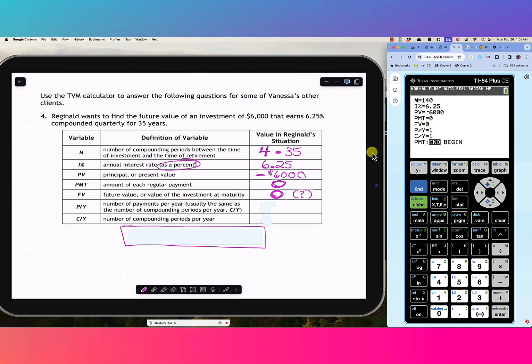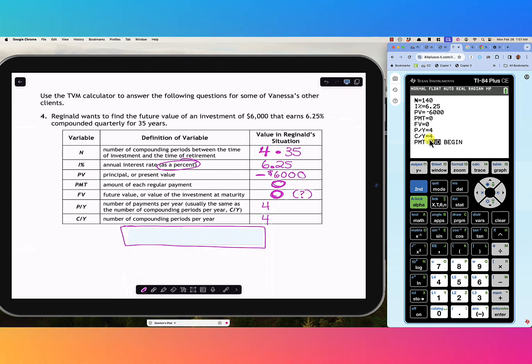Now let's go to the PY and the CY, payments per year and compounding per year. In this case, they are 4 because we're compounding quarterly, which is 4 times a year. So both PY and CY are 4. Let's change the PY and CY lines to 4s.